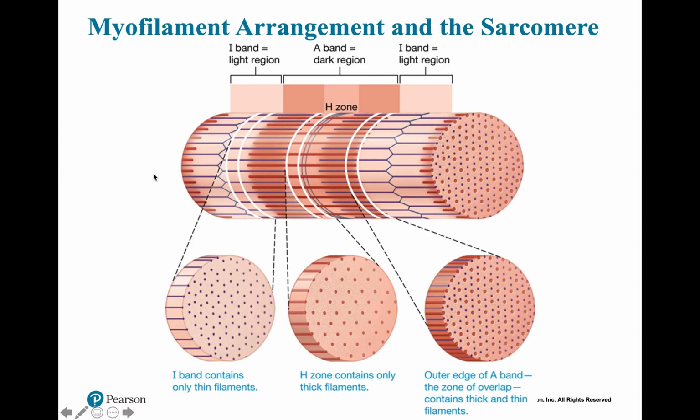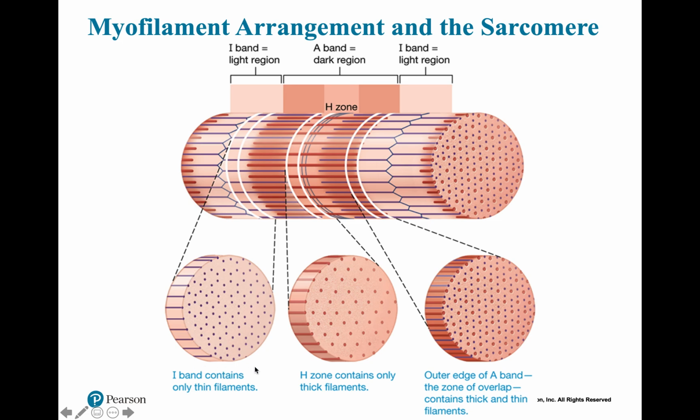So this is showing you, so here's our myofibril cylindrical organelle, and I like this little cartoon just because it shows you it's taking a cross section through each of the bands. And so here they are color coded. In real life, no, your myosin is not red and your actin is not purple, but for these cartoon images, it's easier to make them different colors. But I like this because it's taking a cross section through the I band. What's the I band? Only actin.